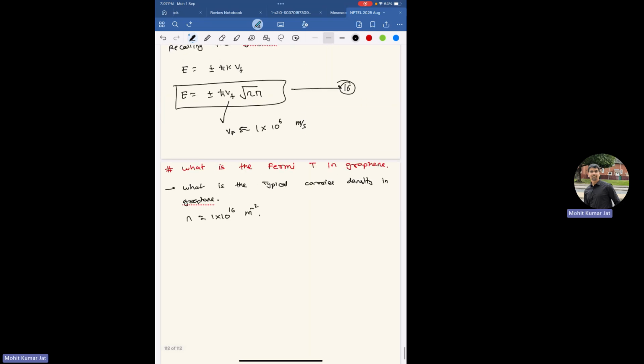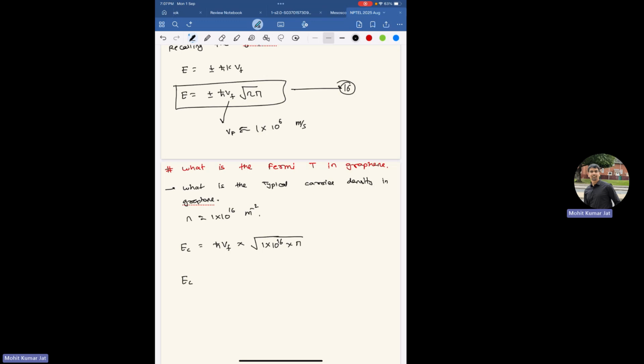Now, since you know this number, you can write E equals plus minus h bar Vf times square root of... let me just consider the conduction band only, EC equals h bar Vf times square root of 10 power 16 times pi.